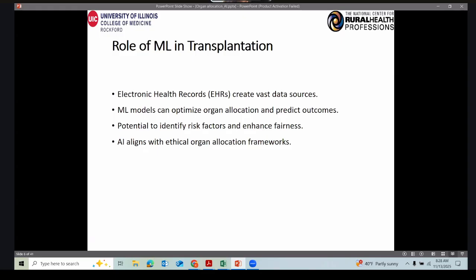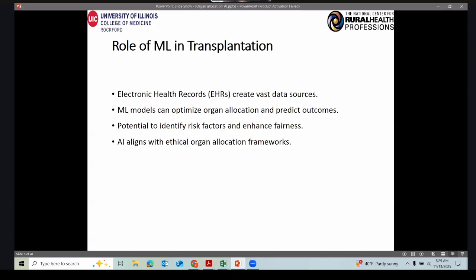This allows the model to predict both short-term and long-term outcomes such as potential transplant survival, graft function, and risk of complications.